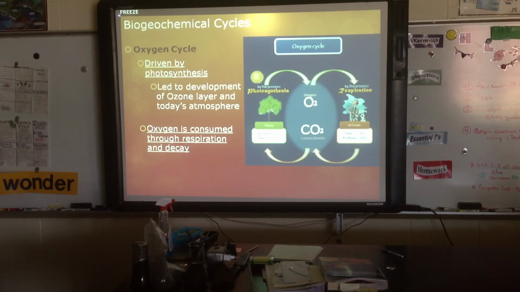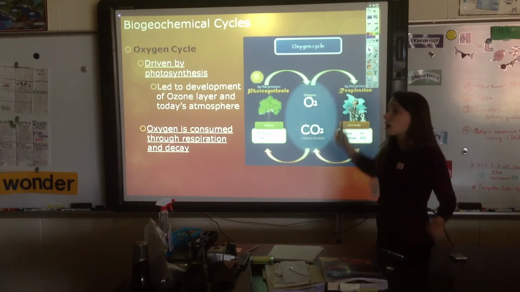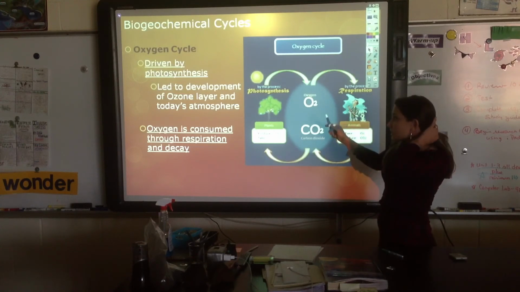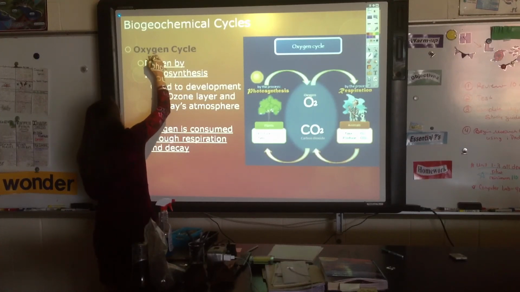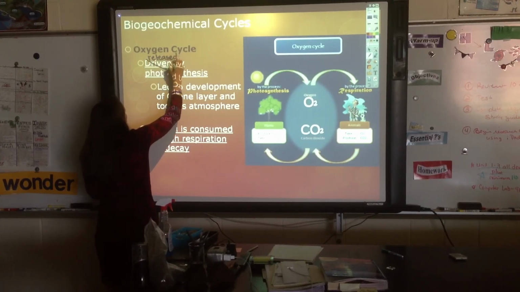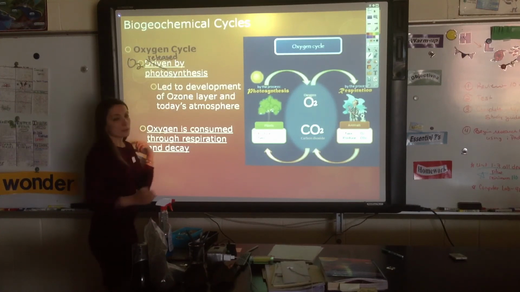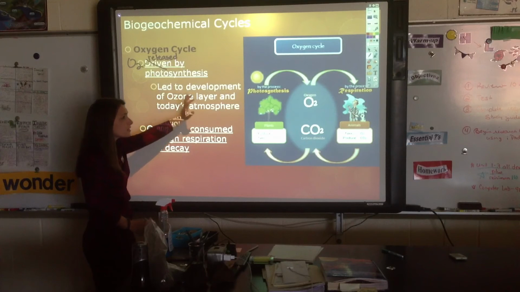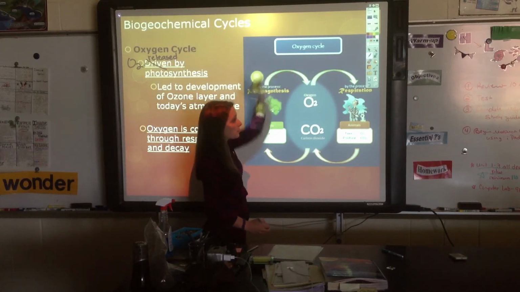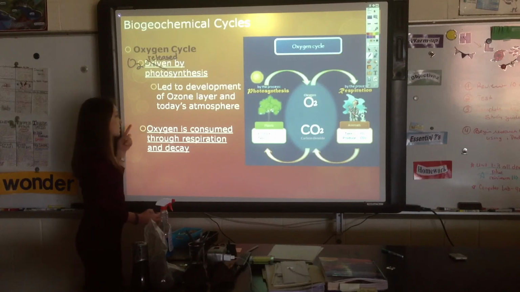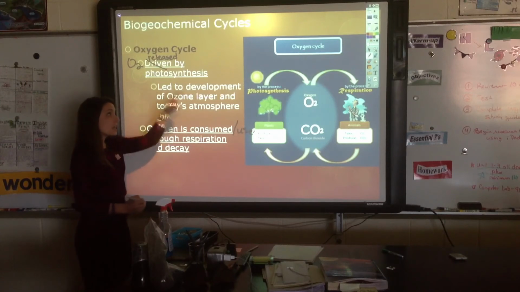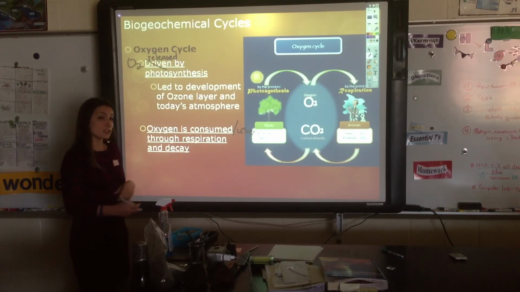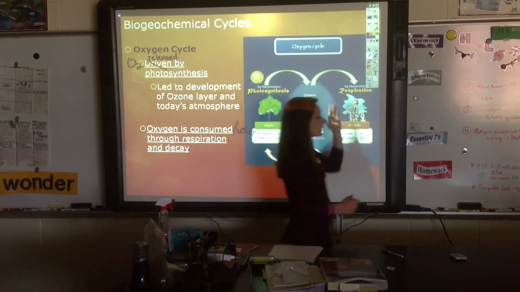Remember when we talked about the heterotroph hypothesis and how photosynthesis releases oxygen? Oxygen is released by photosynthesis. And so this is how we have oxygen in the atmosphere. Respiration is going to consume, or what we call use, oxygen. And so again, we see it's this cycle. The oxygen cycle is really only affected by photosynthesis and respiration.